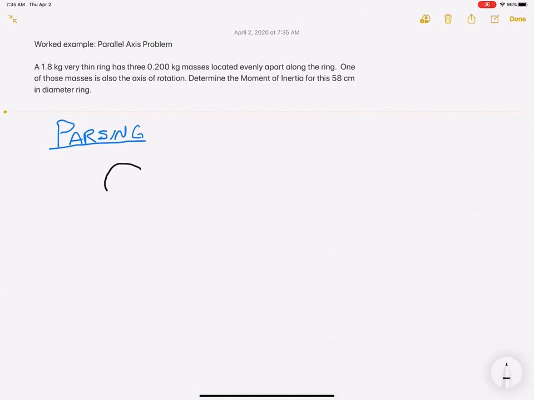So I have a ring, and the ring has a mass equal to 1.8 kilograms.